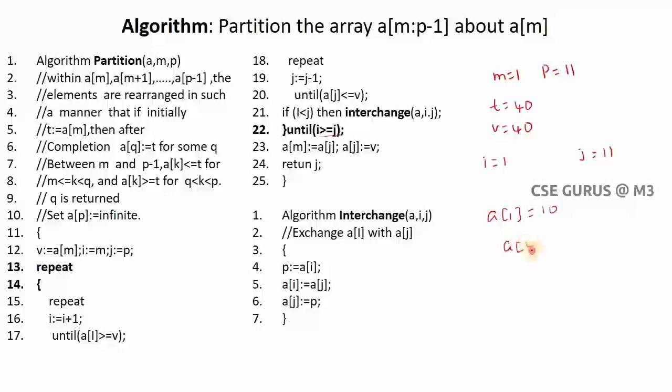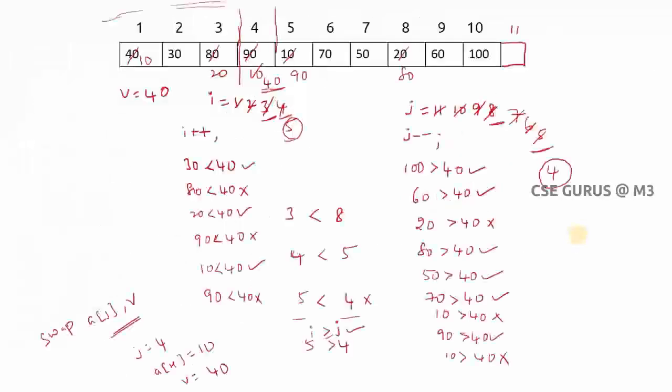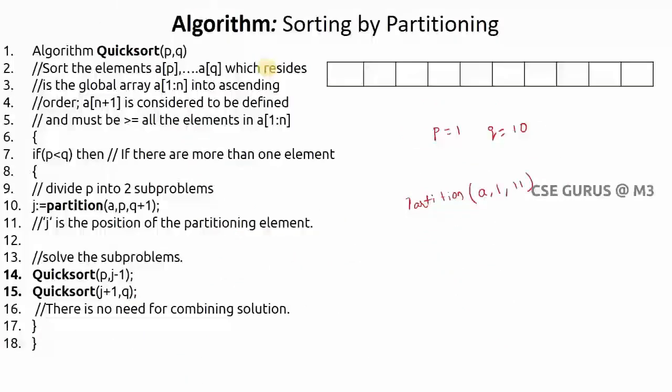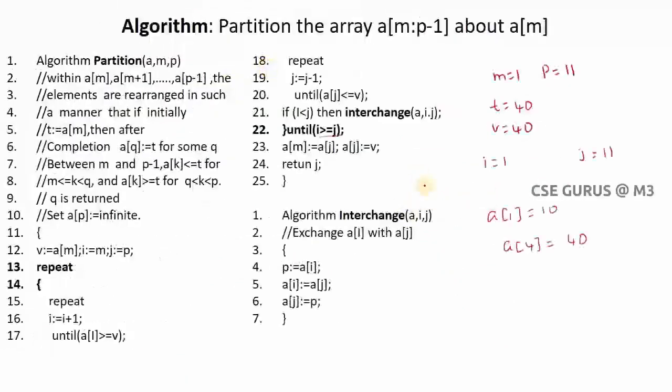I think there we have taken a of 4, which is equal to v, which is 40. So like that we receive in our example. So a of 1 is 10, and here a of 4 we got 40. So this is the procedure that actually happens. And now what is it returning? What is the j value? 4 only, no? So it returns 4.